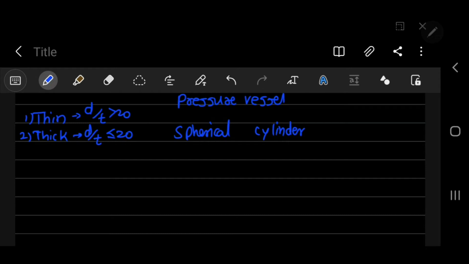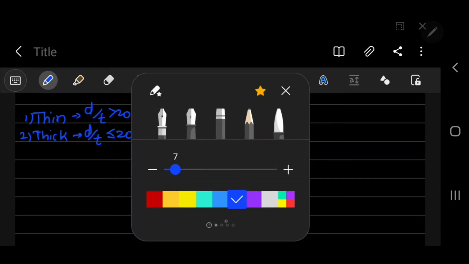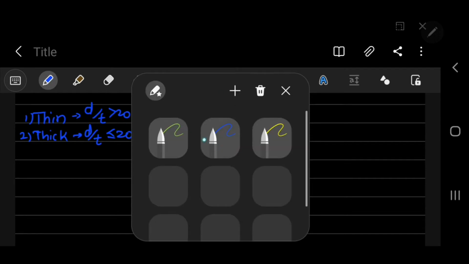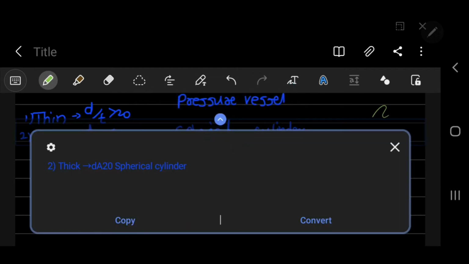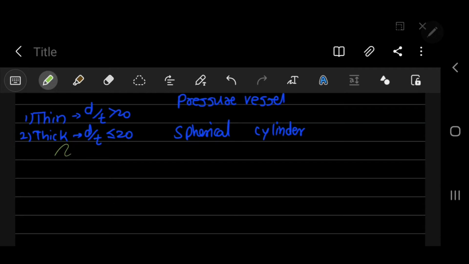So now we will see the stresses which are coming in the cylindrical section. Firstly, we will study the thin cylinders. Under the thin cylinders we have two shapes.